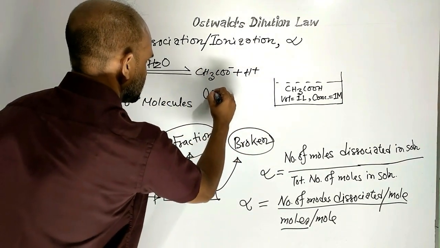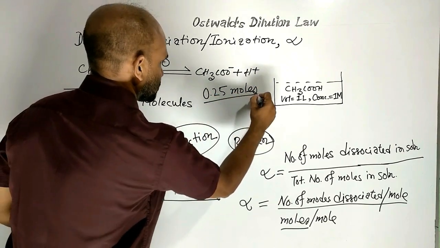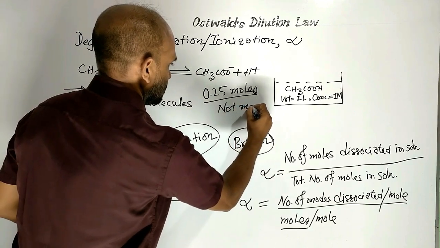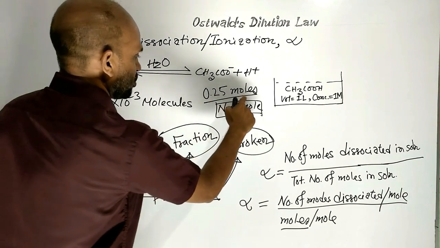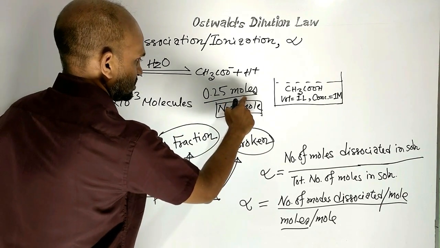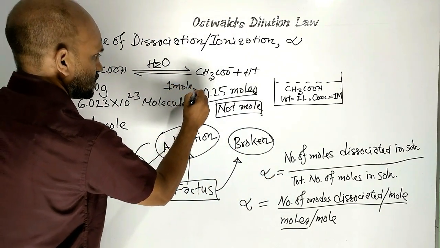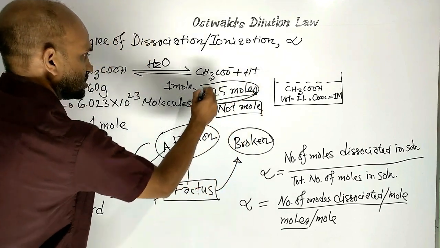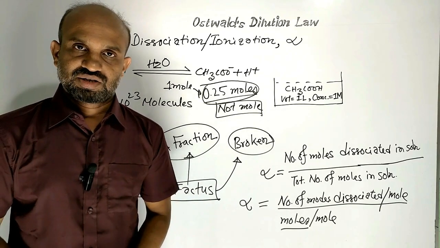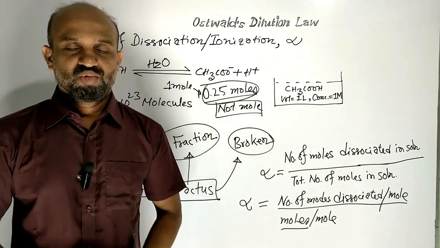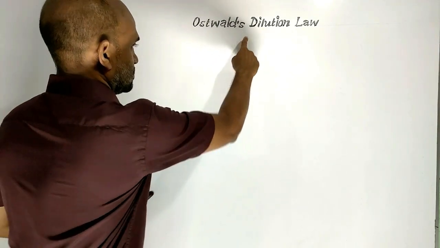Suppose 0.25. This is moles, not mole. When 0.25 moles of a substance dissociate from 1 mole, then this is degree of dissociation or degree of ionization. Moles from 1 mole.